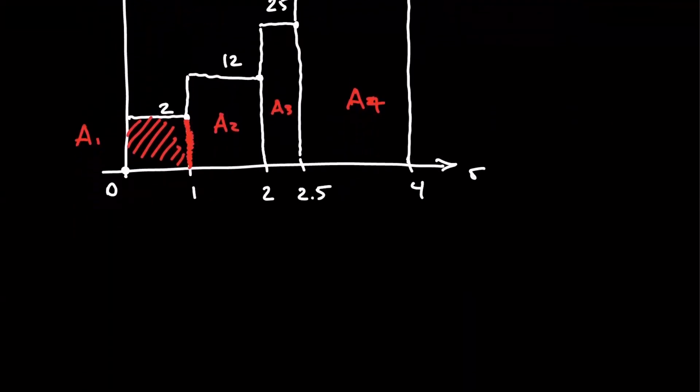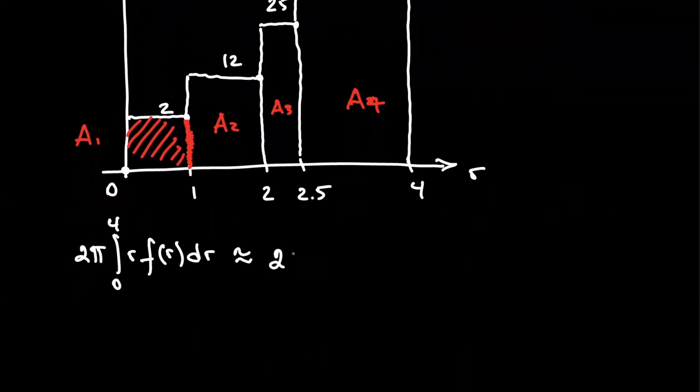And so the integral 2 pi, integral from 0 to 4 of r f of r dr is approximately equal to 2 pi times A1 plus A2 plus A3 plus A4.